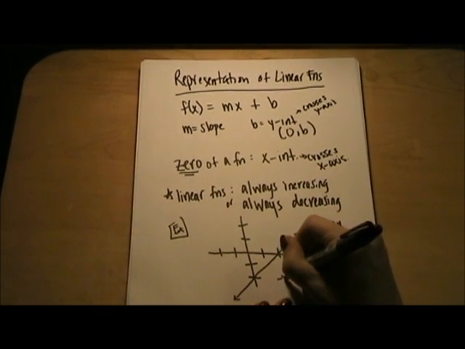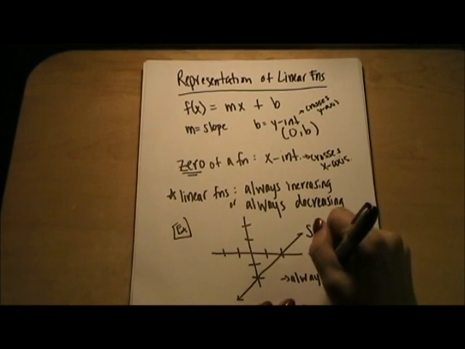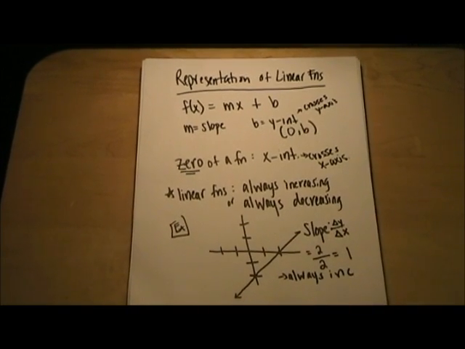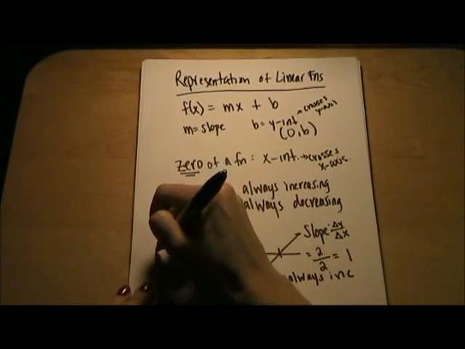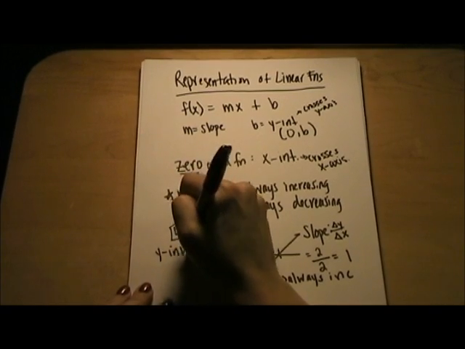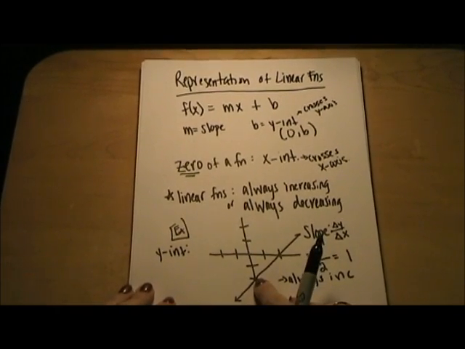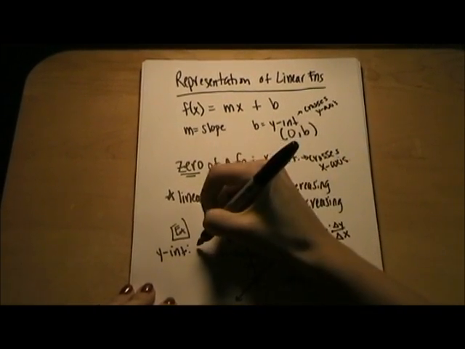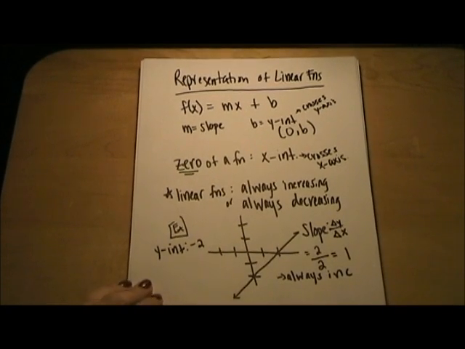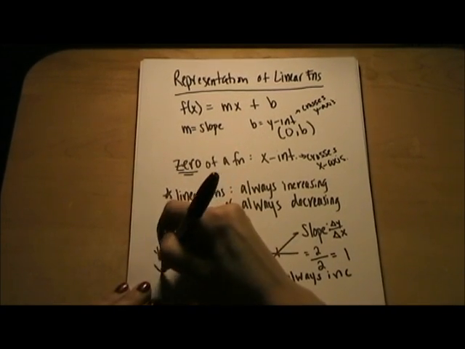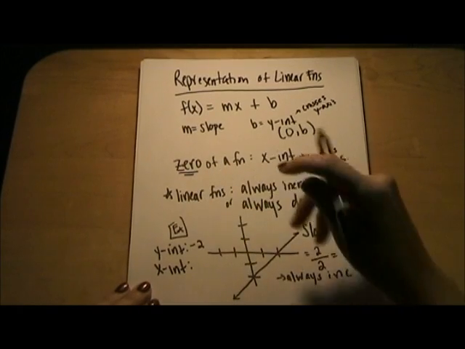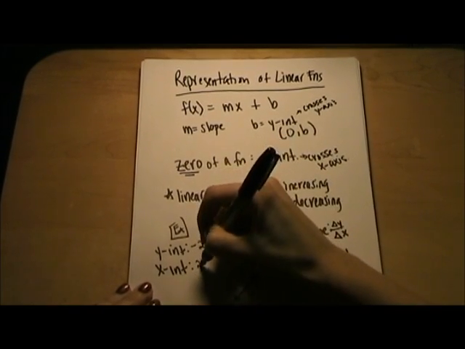This is positive, so it's always increasing. We cross the y-axis at -2. Our x-intercept, we cross the x-axis at 2.